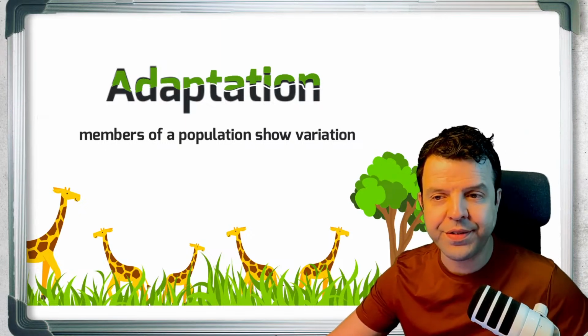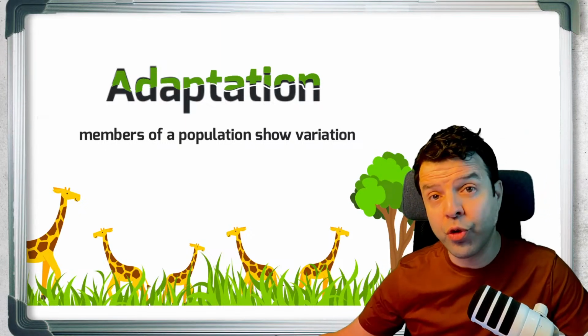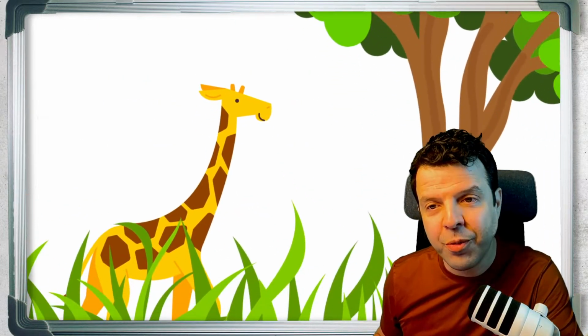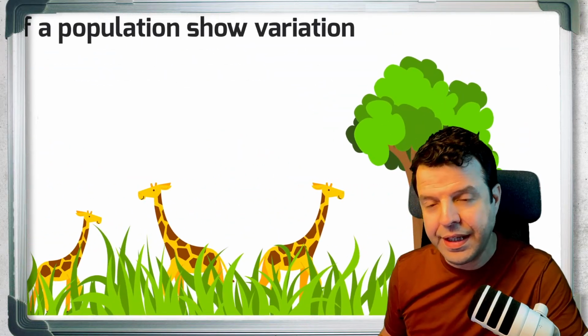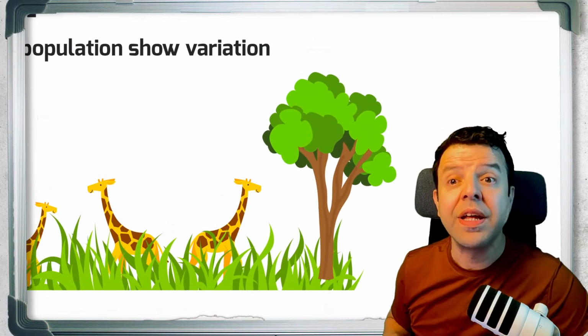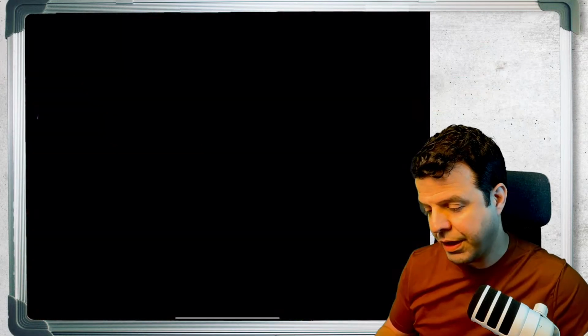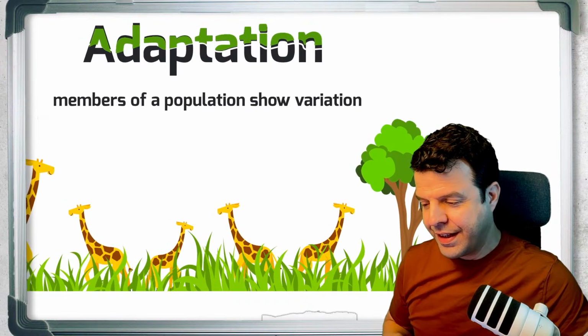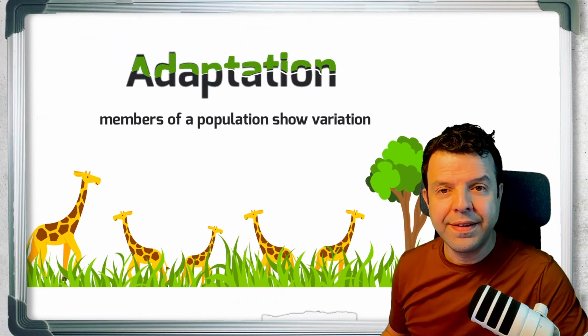All giraffes have the same chance to survive. This giraffe here can eat from the grass or from the tree. It's a bit short to eat from the tree, but it can still eat from the grass because there's plenty of grass underneath.